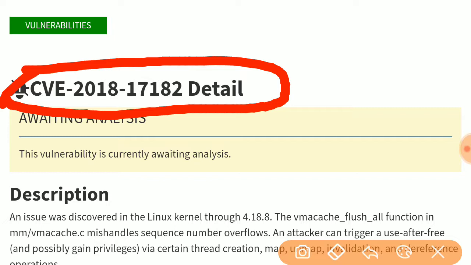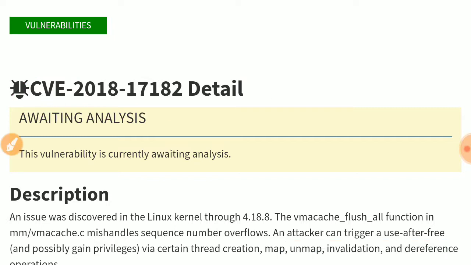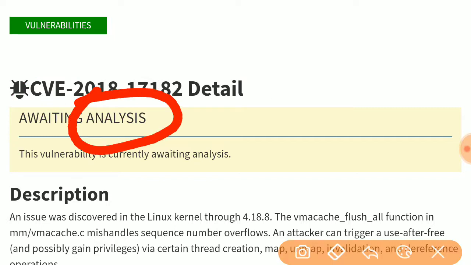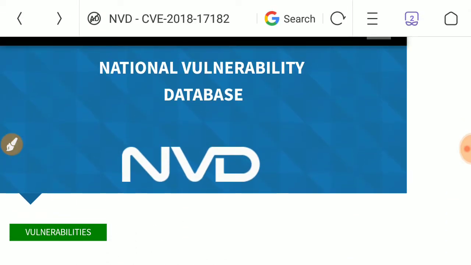It contains the CVE number, but it also has additional analysis details. This NVD site is managed by NIST, the National Institute of Standards and Technology, and NIST is controlled by the Department of Commerce in the United States.